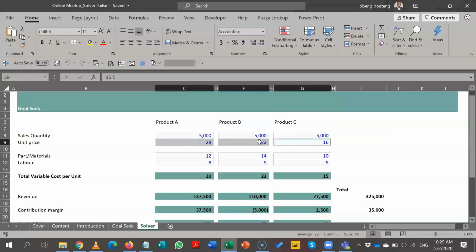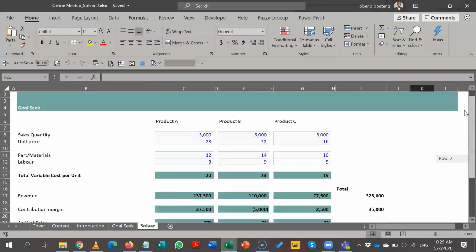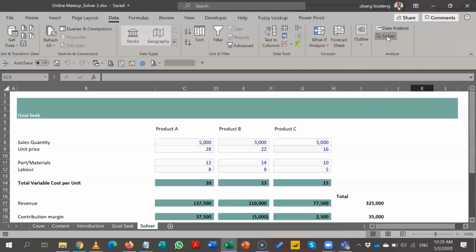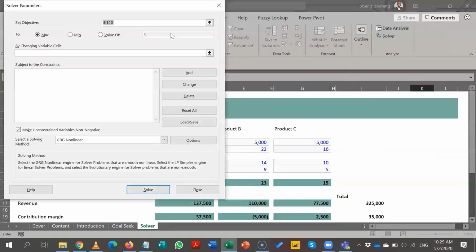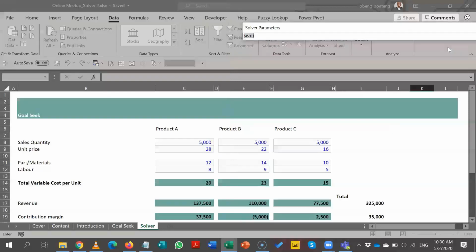And then my objective cell is my profit, which is supposed to be 0. Now, currently, I don't have any constraints, but when we solve this, it will probably give us reason to put in some constraints. So let's solve this. I go to Data, hit Solver, and get a clean sheet. Now, my objective cell is this profit.